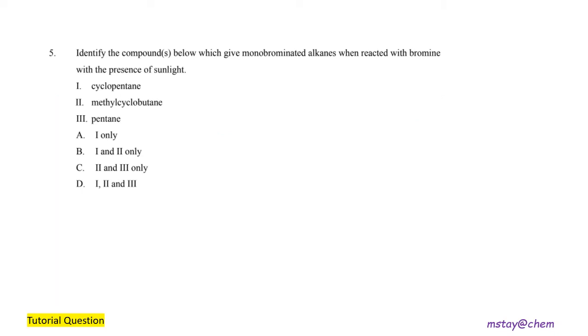Right. Tutorial question number 5. This is an objective question. Identify the compound below which will give monobrominated alkane. Again, it will also give only one product. Mono refers to one when reacted with bromine. So as just now, cyclopentane, we draw the structure.